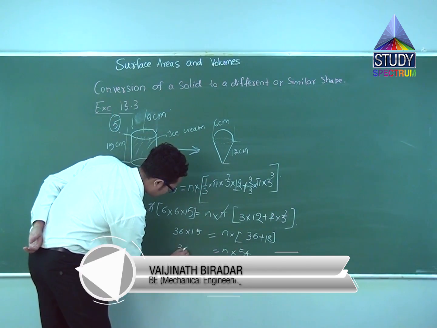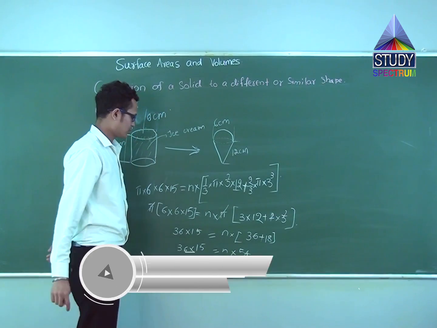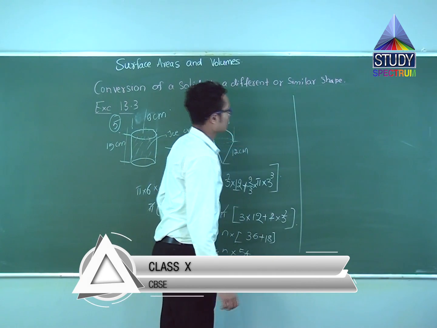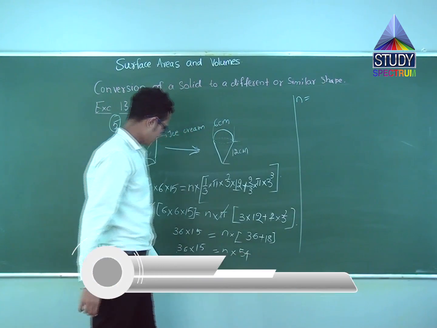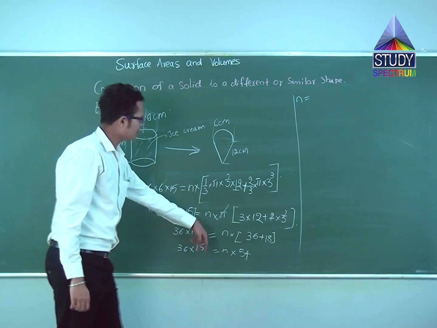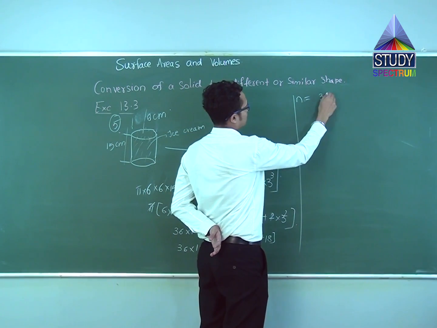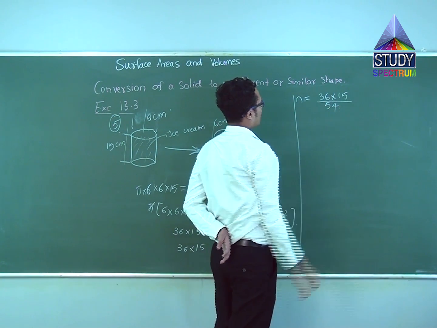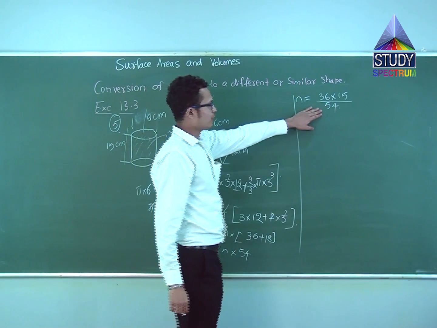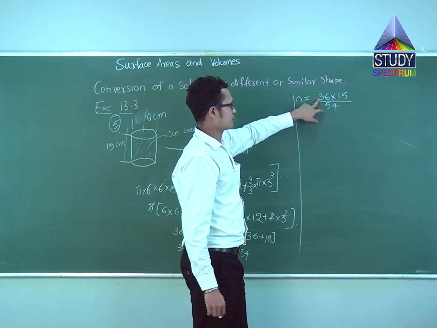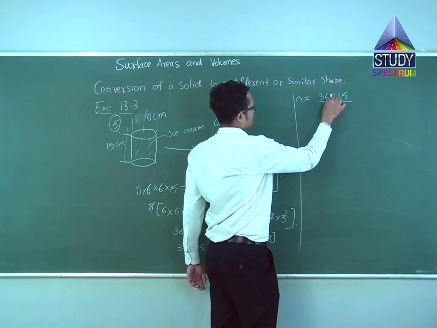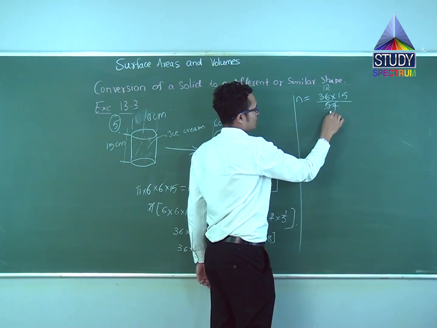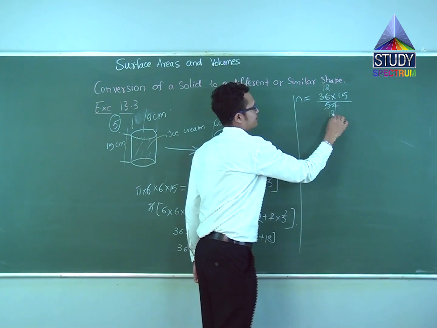And now cross multiplying, you'll have n is equal to 36 into 15 divided by 54. 54 is a multiple of 3 and also 36. So 3 times 12 and 3 times 18.